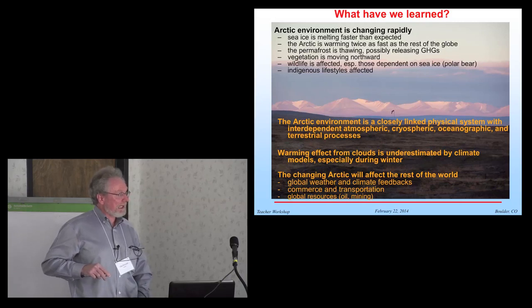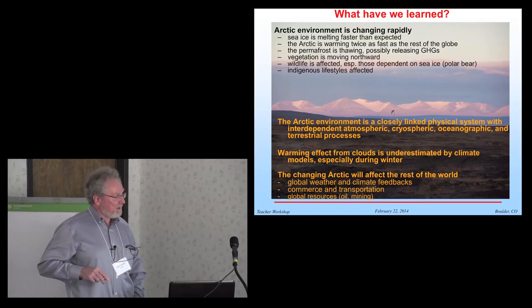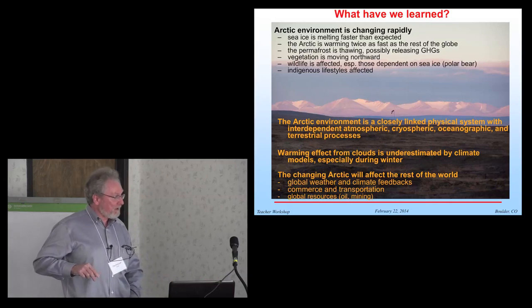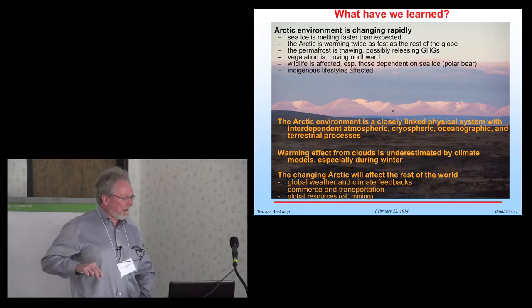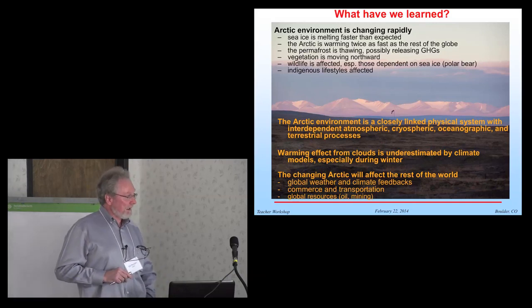And the warming effect from clouds is underestimated by climate models, especially during winter. So we saw that was an important process, and we know the models don't handle this very well right now. So that's another area of research. And the changing Arctic and its impact on our societies, or the societies up there, is very important also.